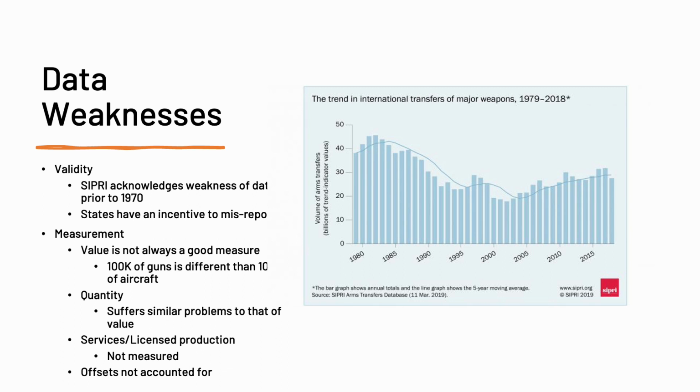The initial contract to allow the technology transfer is, but that's it. Right, so that doesn't necessarily tell the entire story. So we aren't measuring these increasingly common aspects of arms transfers, and that's these intangible transfers of technology and know-how that we're transferring every day. That's not necessarily captured. We also don't account for offsets as well.